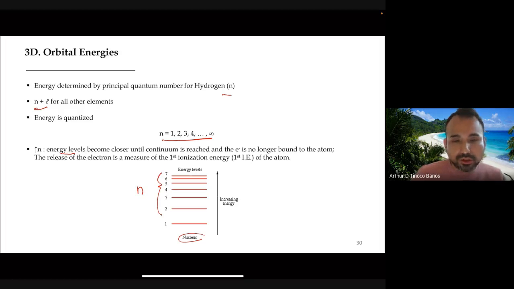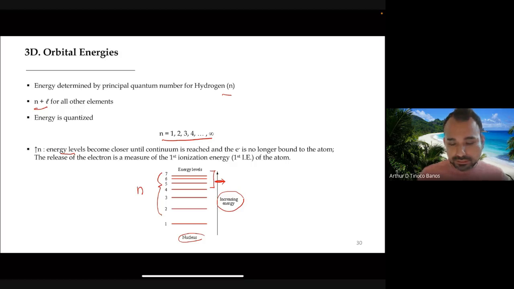As you move away from the nucleus there's a corresponding increase in energy, but at the higher end these differences become smaller and smaller. The reason is that there is less attraction to the positively charged nucleus, so there's a correspondingly smaller difference between these energies as they're further away from the nucleus.